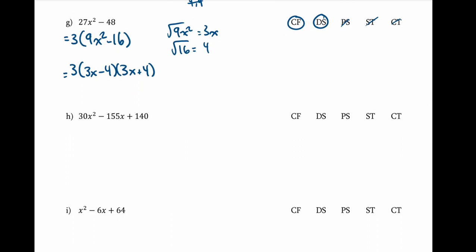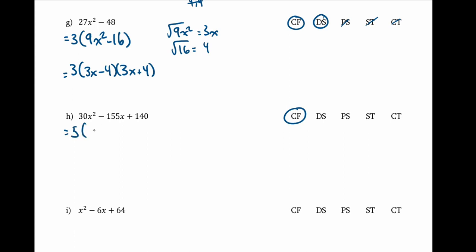H, 30x squared minus 155x plus 140. So here I'm going to hope that I have to common factor because the numbers that I'd be dealing with otherwise would be very large. I should see that I can at least factor out a 5.